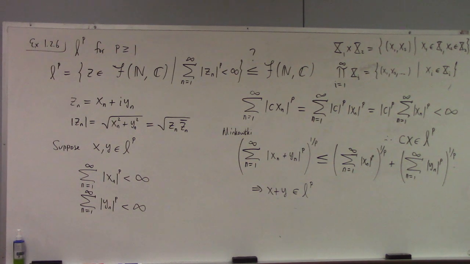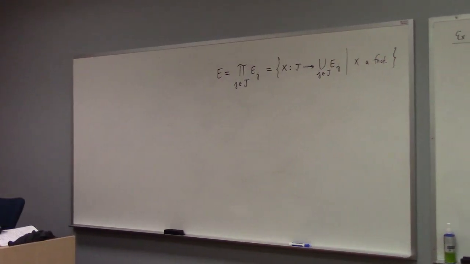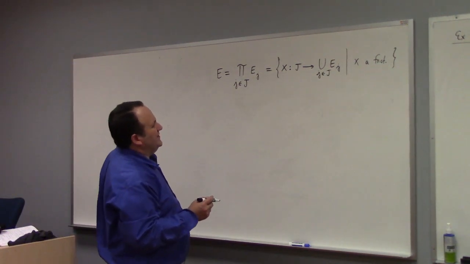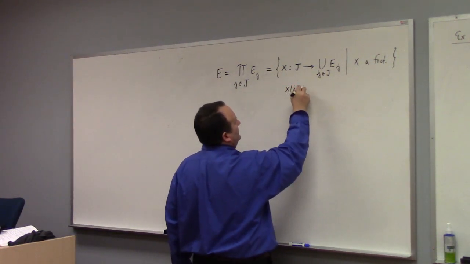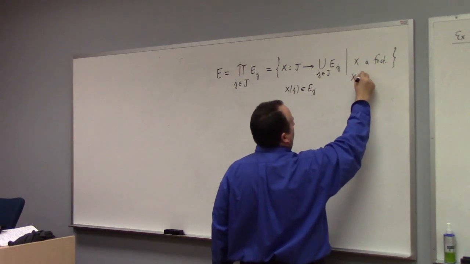The point here is that you can take the Cartesian product with respect to an index set, and that index set doesn't have to be finite. That's the function x from J into the union of the E sub j, such that x of j is an element of E sub j.